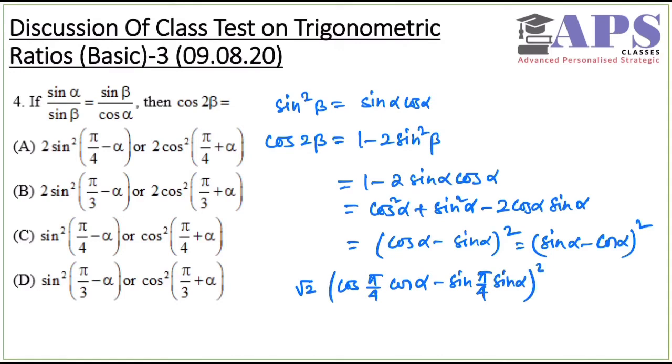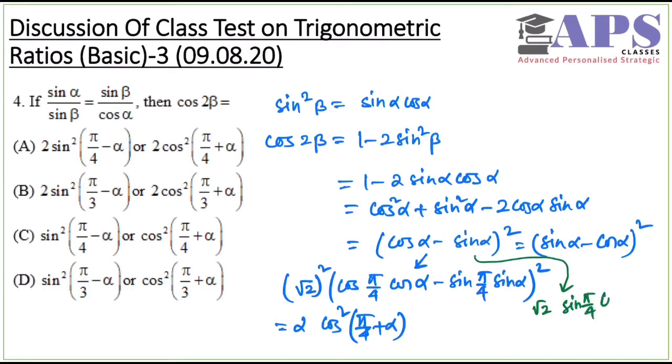If I take whole square, then this will give us 2 into cos square of pi by 4 plus alpha, or I can even write this as root 2 into, in place of cos pi by 4 I can write sine pi by 4 cos alpha minus cos pi by 4 sine alpha whole square. So that will give us sine square pi by 4 minus alpha. So therefore according to this our option A is correct.